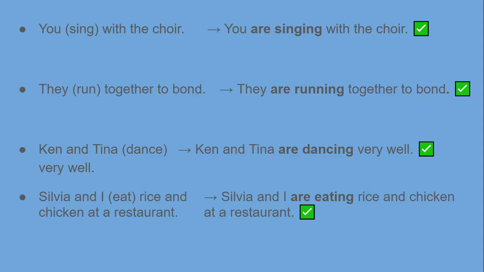After that, we looked at the structure of the present continuous tense verb sentence. We said, of course, we need the subject and then the verb to be, am, is, or are, depending on the subject that we have. For I, use am. For the subject he, she, it, use is. For the subjects you, they, and we, use are. And then after the verb to be, you have to use a gerund, meaning a verb that ends with ing.